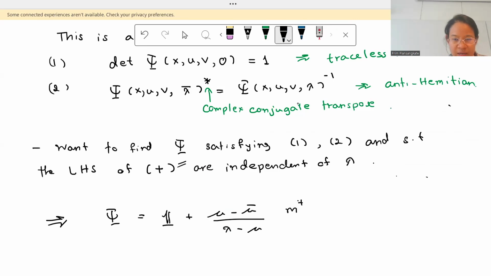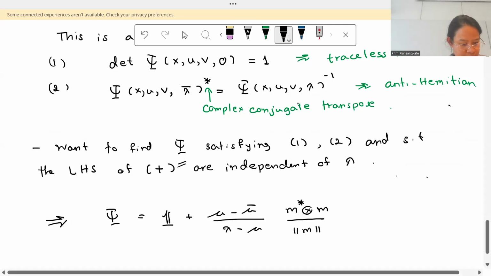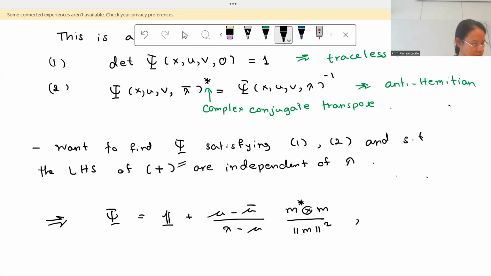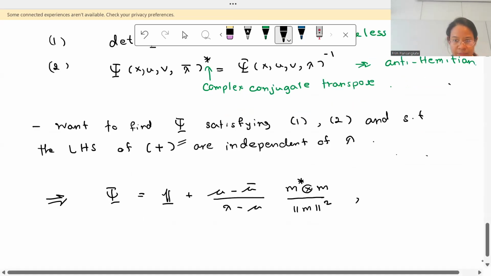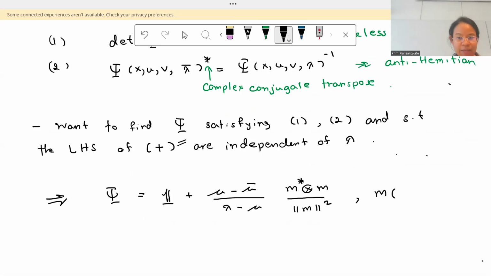So m is a row vector, and we take its complex conjugate transpose to have a column vector. And this is the norm. And m does not depend on lambda, but m depends on x, u, and v.